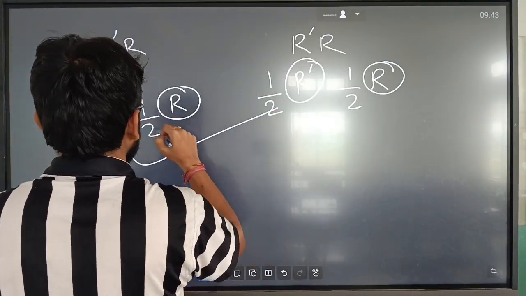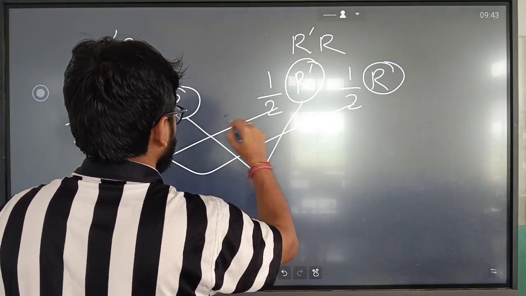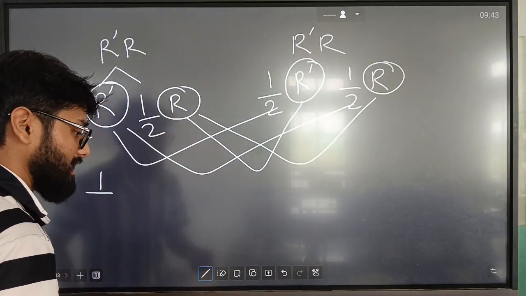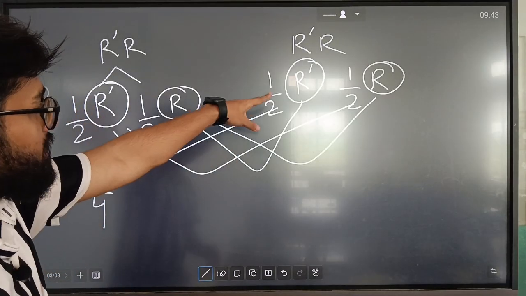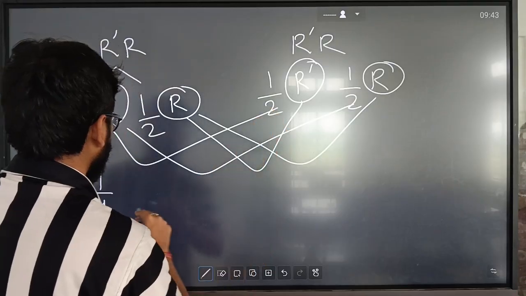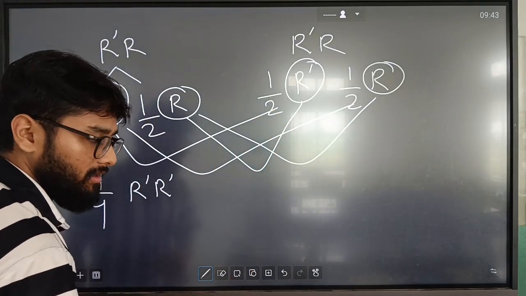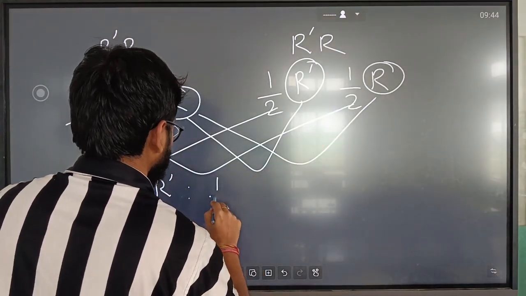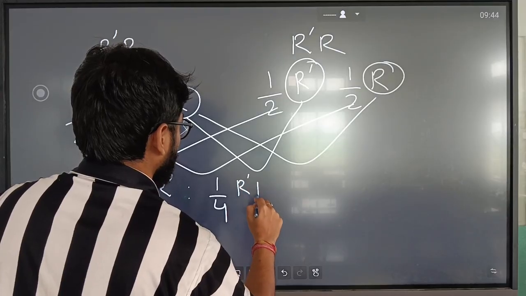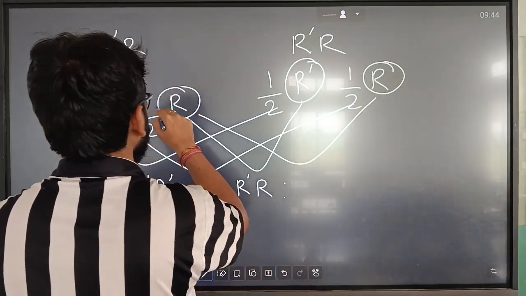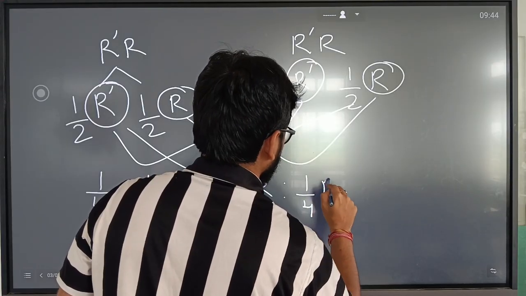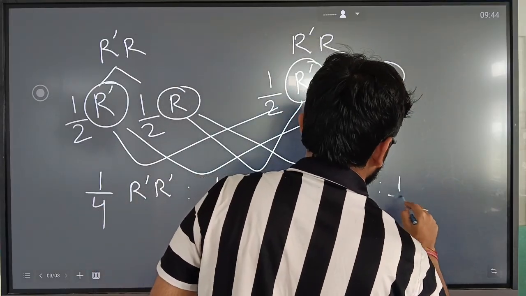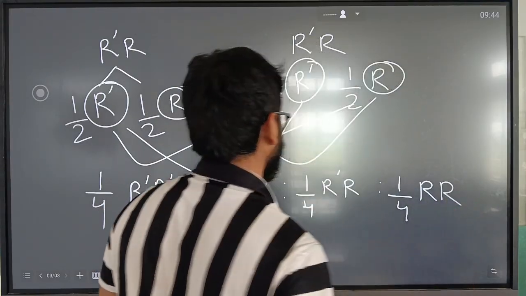Now if you make the crosses, this is crossing with this, this will cross with this, and this will cross with this. You still get 4 possibilities, but all of them will not get 1/4. Okay, half and half, you get 1/4 of R dash and R dash. Then we move on to the other half and half with this, that is 1/4 of your R dash and R, correct? Again from this, again 1/4 of R dash and R, and the second you get is half and half for this, that is 1/4 of R and R, right?